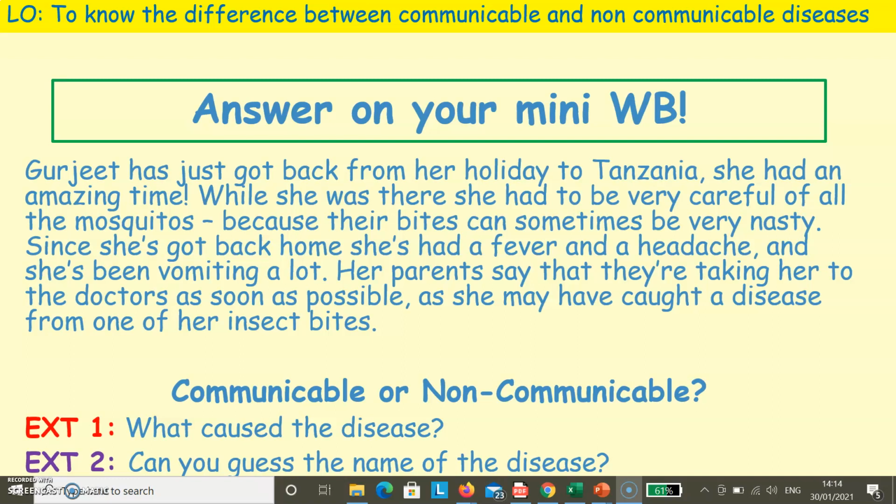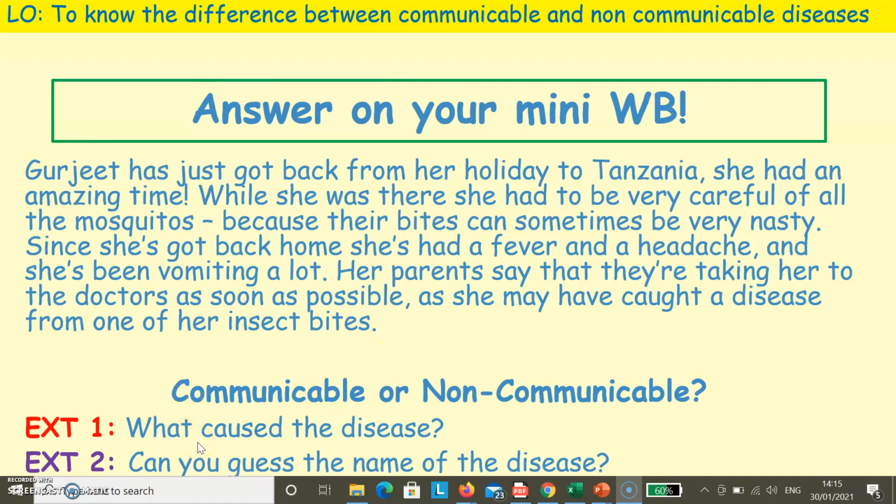So vectors are disease-carrying organisms. We call them vectors. An example is the mosquito. The mosquito carries a protozoa, Plasmodium, that causes malaria.